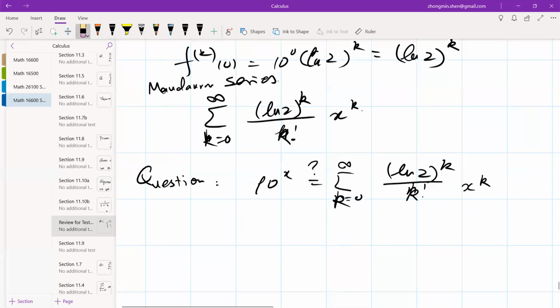All right. So what is another way to get the Maclaurin series? Not only that, we also want to know whether the Maclaurin series converges to the function 10 to the x. So here's the best way. We go back. e to the x is going to be this.